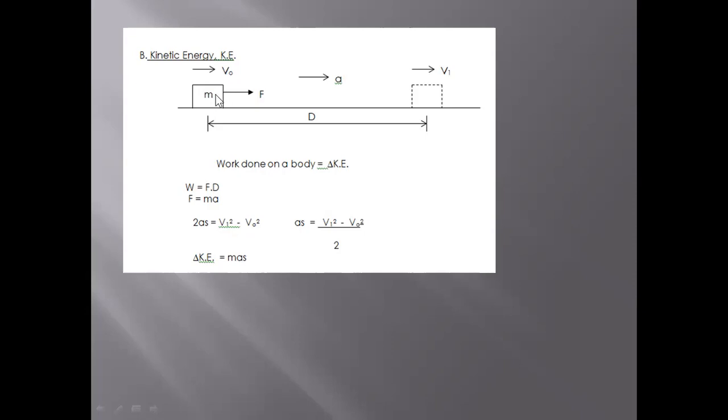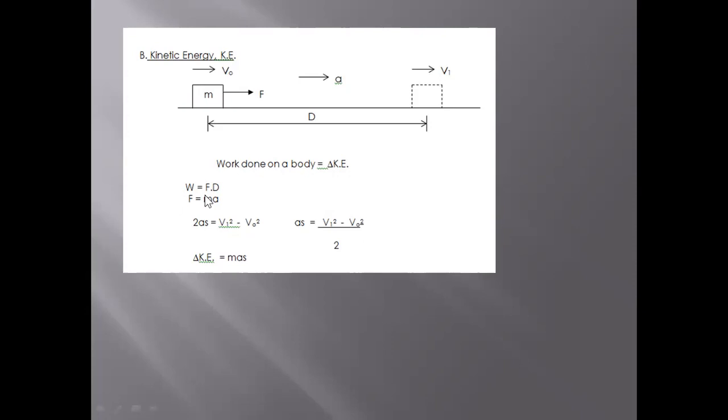Then during pushing or pulling the block to this place, it gains an acceleration and a final velocity of v1. Now, the work done on a body in this diagram is equal to the change in kinetic energy. Why is it change in kinetic energy? Because you're going to consider two velocities there: your final velocity and initial velocity.